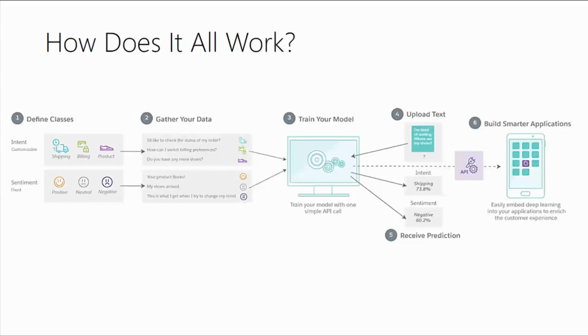For example, your product rocks, my shoes arrived, this is what I get when I try to change my mind. These are the 3 types of sentiments that users can provide as feedback. Based on these, you would then train your model, upload the text, and receive a prediction. And then finally build smarter applications.